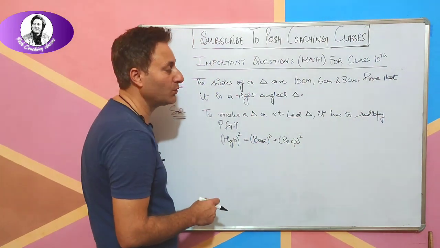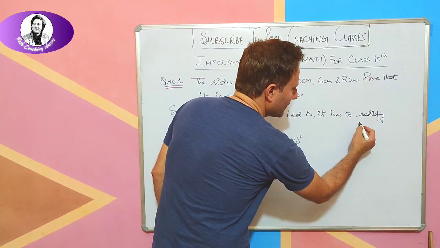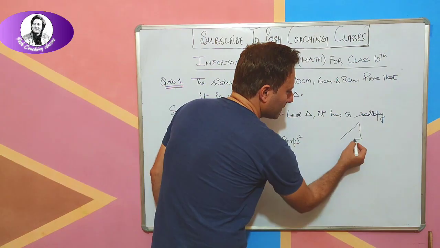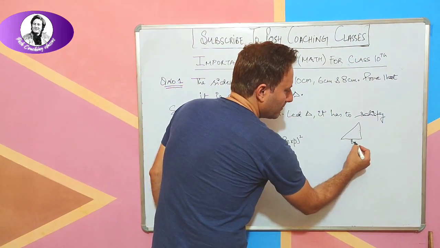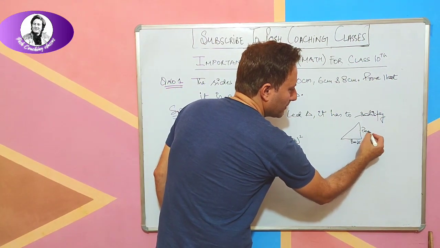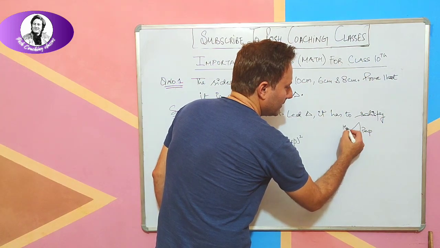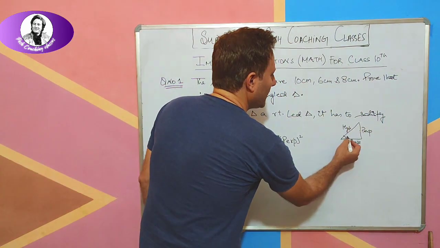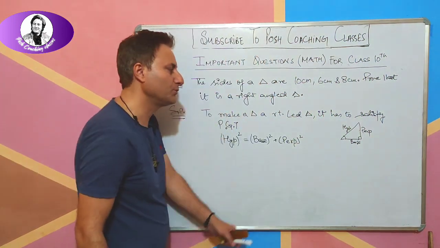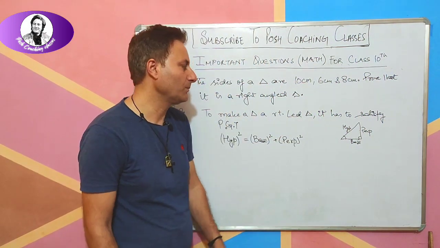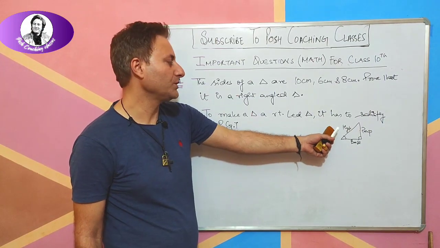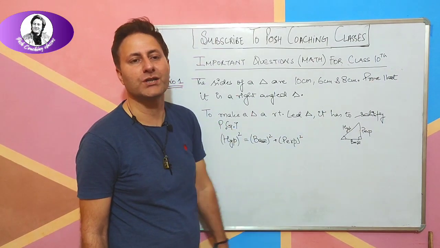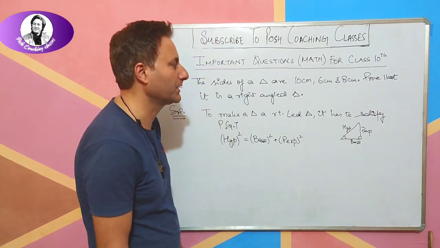One more thing we know is whenever there is a right angle triangle, there will be a base, a perpendicular, and then a hypotenuse. We know from 7th standard that hypotenuse is the longest side of a triangle.